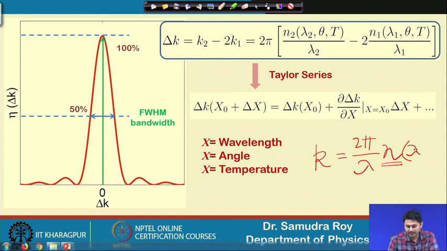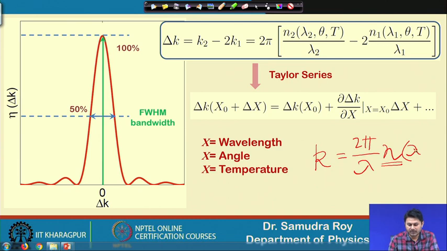So, lambda 2 and lambda 1, if I say these are fixed quantities, still n2 can be varied with temperature and the angle at which I am launching. So, theta here is the angle, and temperature is a very popular parameter to change the refractive index, especially in a crystal. So, these are the parameters on which n2 depends.